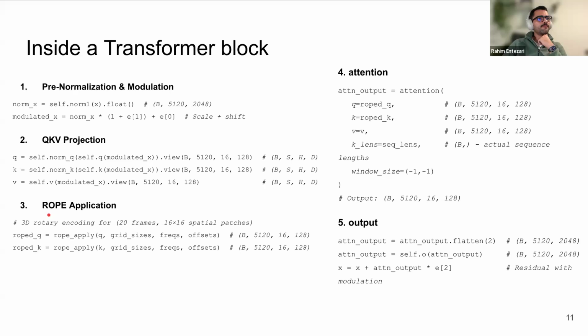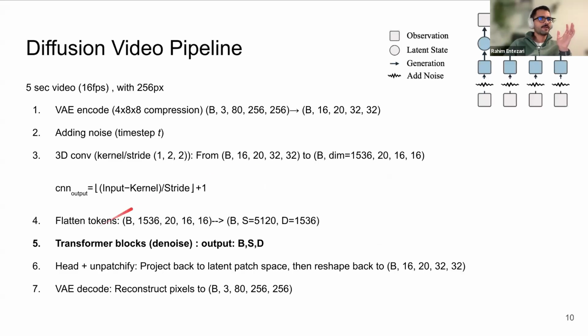Then we apply RoPE embedding, or you apply another positional embedding. In this case, in Wan, you apply RoPE embedding. If you don't have the background: in the diffusion process or transformer process, when you have an image and you want to patchify it, you have a flattened sequence length, remember? Now I want to know which patch or which token corresponds to which part of the image, right?